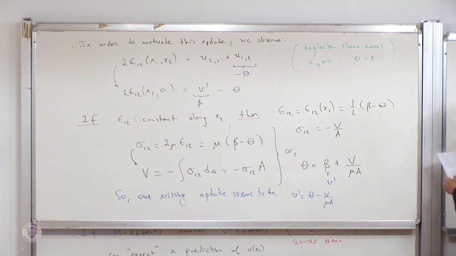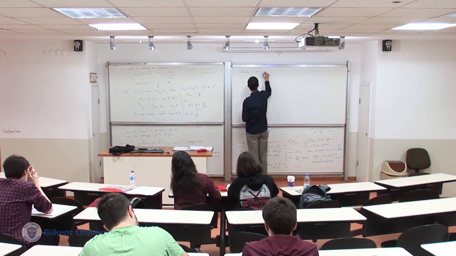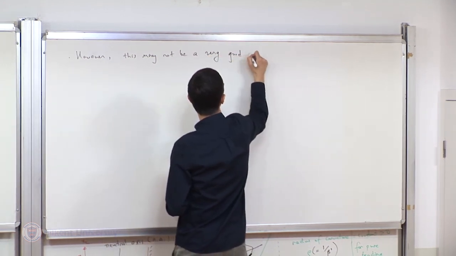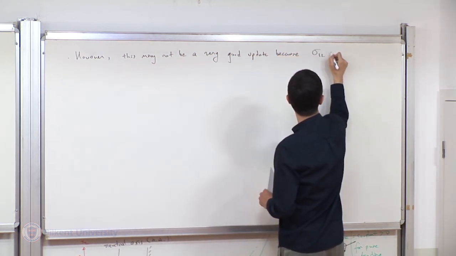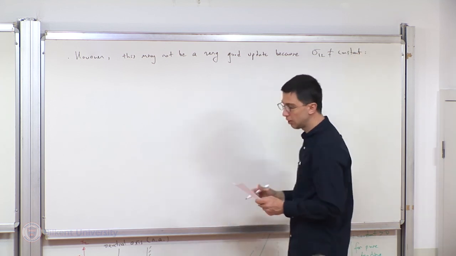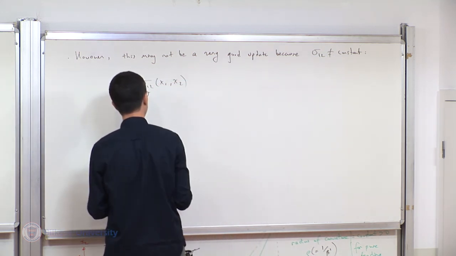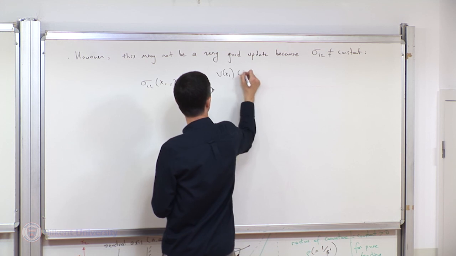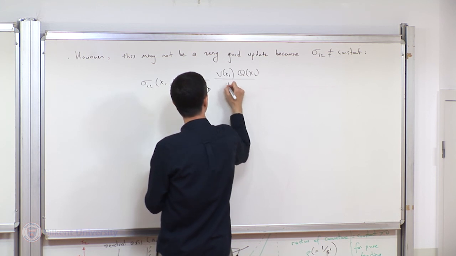Okay, so this may not be a very good update because sigma 12 is not a constant. And in fact, we developed last time, together, that the shear stress distribution at any point is equal to minus V, a function of x1, Q, the area moment, a function of x2, over I t.